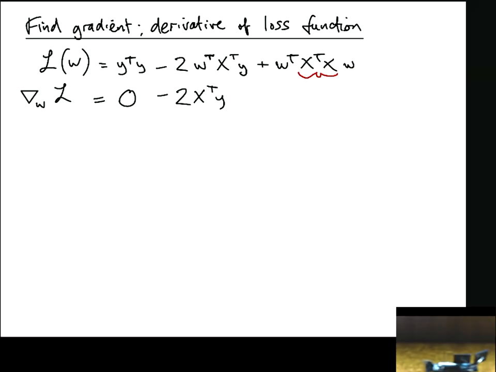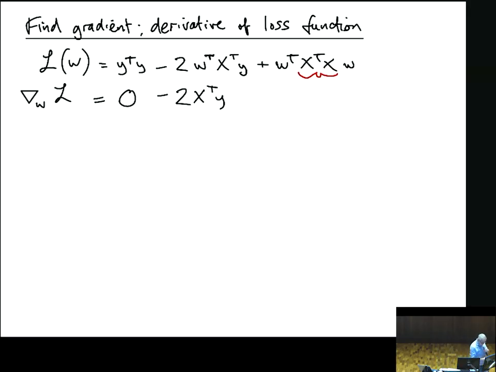X has shape n by p, so X transpose is p by n, times n by p. What's the shape we'll end up with? P by p. Yeah, whoever said that, well done.